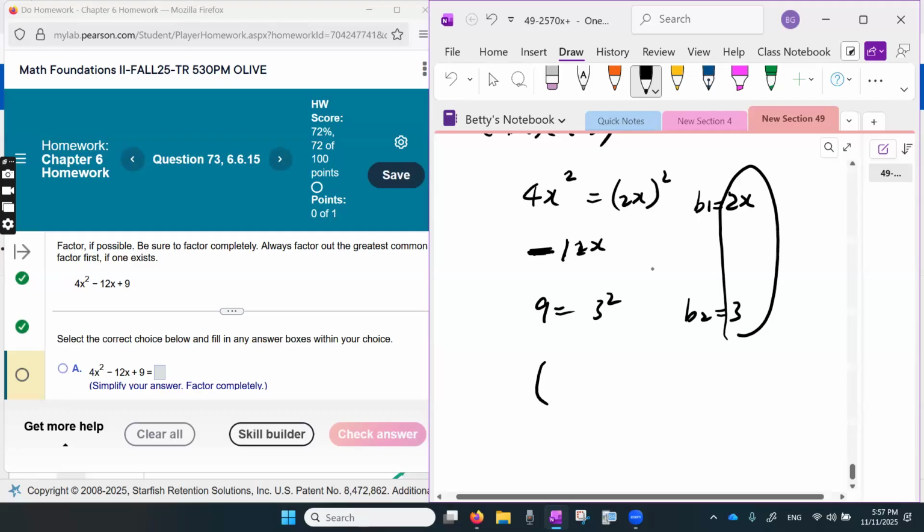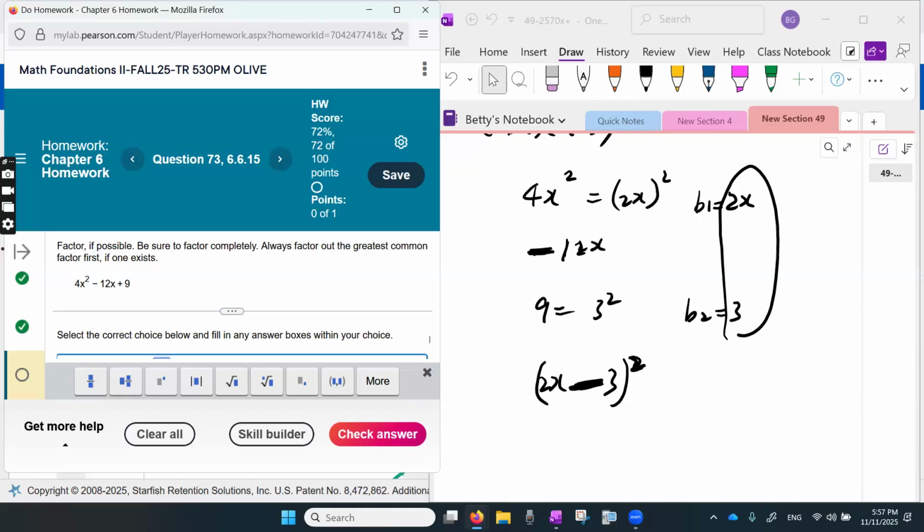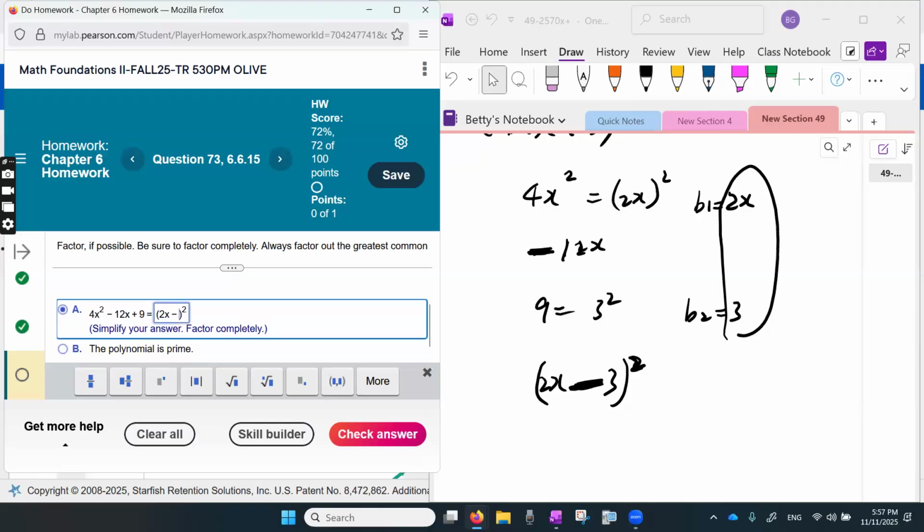So it's going to be a square of a binomial difference. Base 1 minus base 2 to the power of 2. That's how we process this type of problem. Parentheses to the power of 2. Inside the parentheses, we have a subtraction, 2x minus 3.